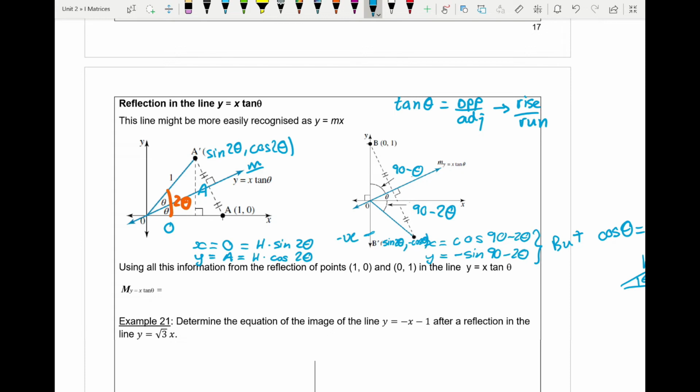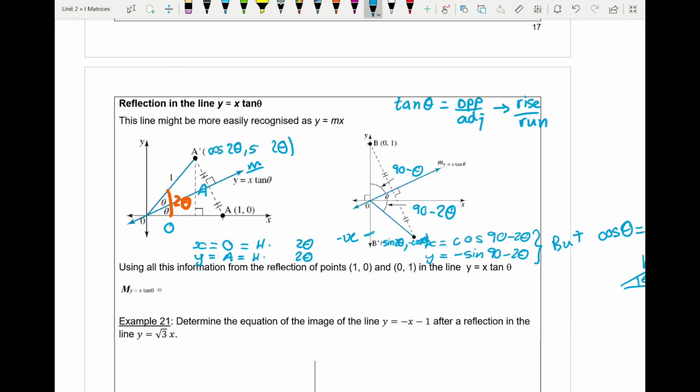And so our matrix will be, what have I done here? Oh, I had these right the first time. So this must be wrong. So let's fix that up. So x is going to be cosine of 2 theta.